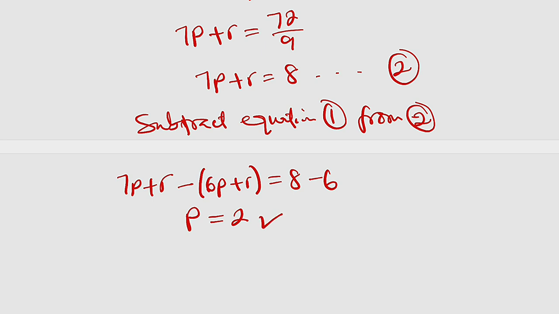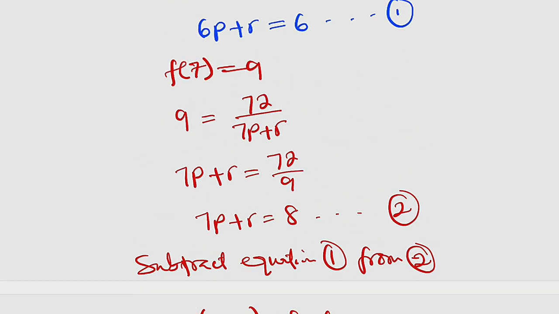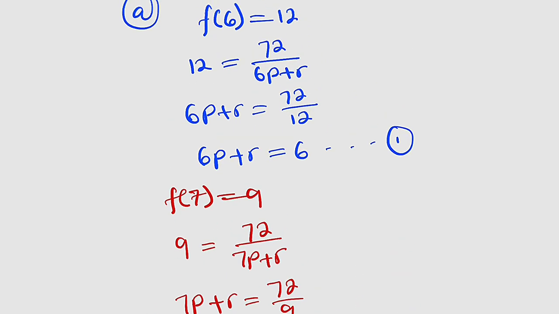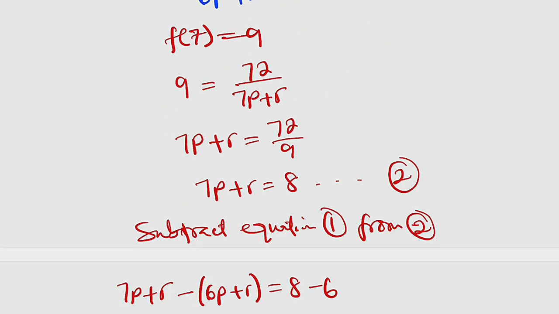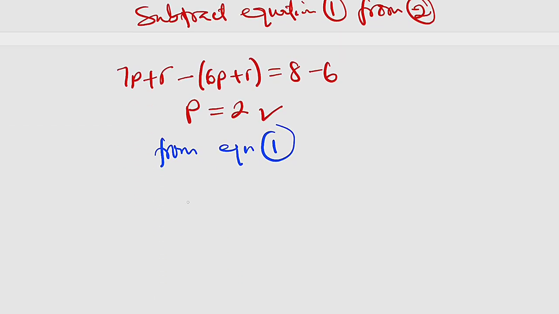So to find r, we can substitute the value of p into any of the two equations. Let's use equation 1. From equation number 1, we have 6p plus r equal to 6, right? But p is equal to 2, so we have 6 times 2 plus r is equal to 6.